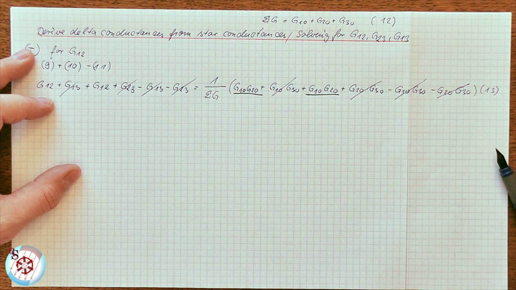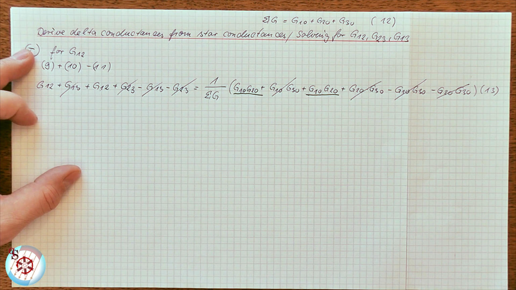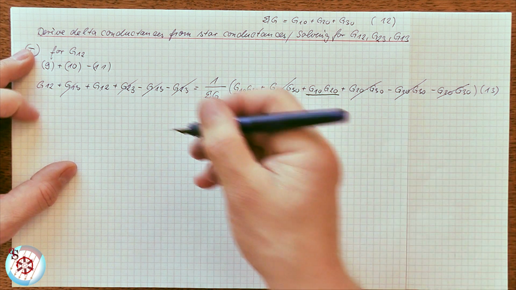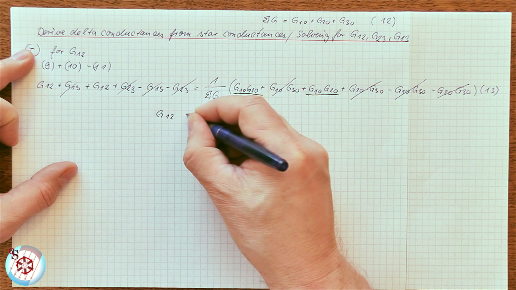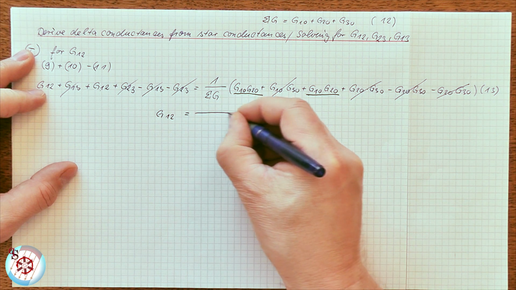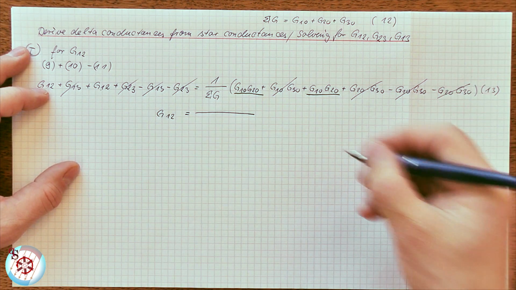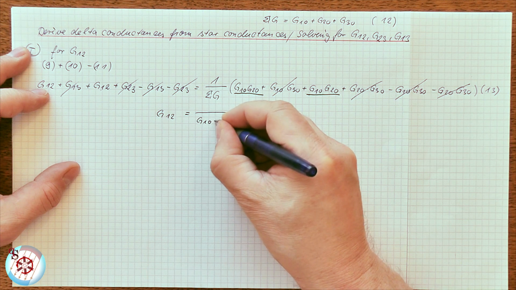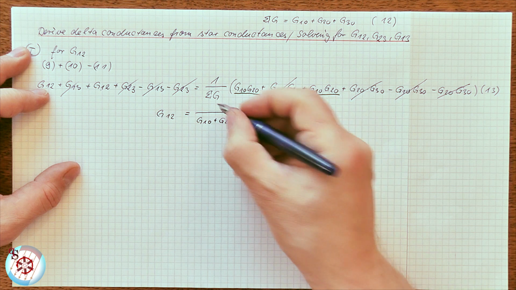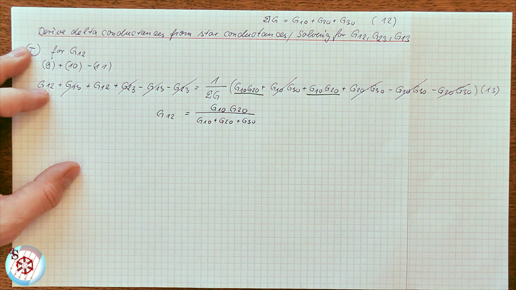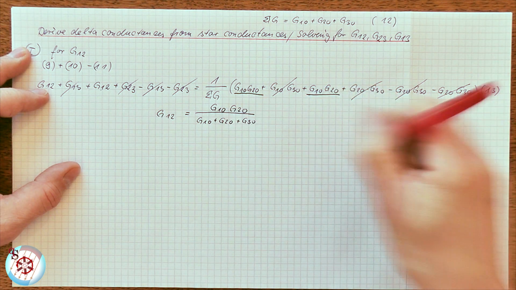So it's the same structure as we had with those star resistances. Now we have delta conductances. So we get G12 equals, the common denominator is G10 plus G20 plus G30, and that's G10, G20. And that's equation 14.